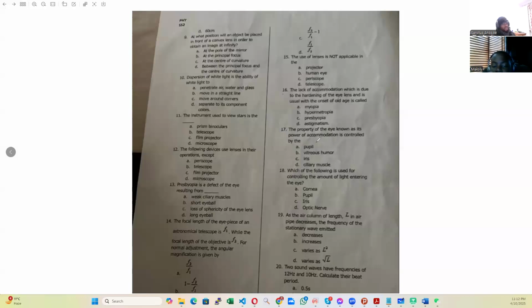The power of accommodation of the eye lens exists because the ciliary muscle can adjust the focal length of the eye so that the image can be focused on the retina for clear vision.